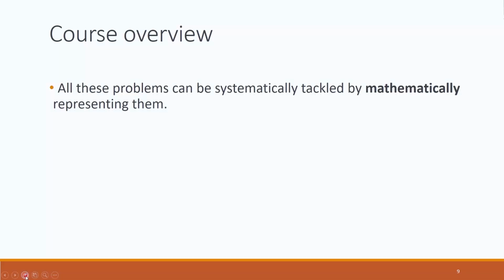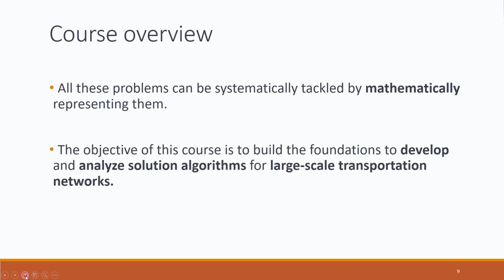Because once these problems become large, it is not possible to solve them using trivial methods like listing down all of these solutions and so on. And the objective of this course is to build foundations to develop and analyze solution algorithms for solving large scale transportation networks.